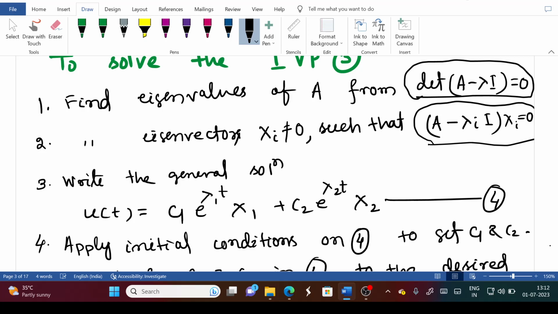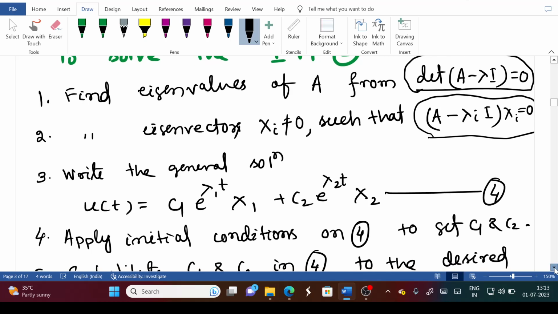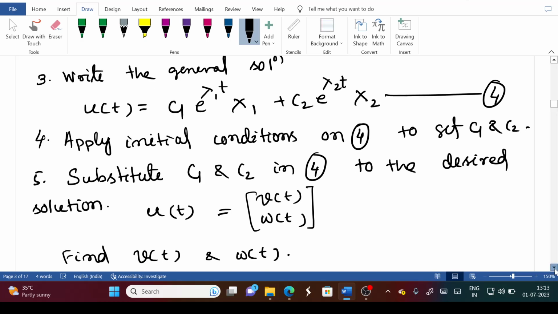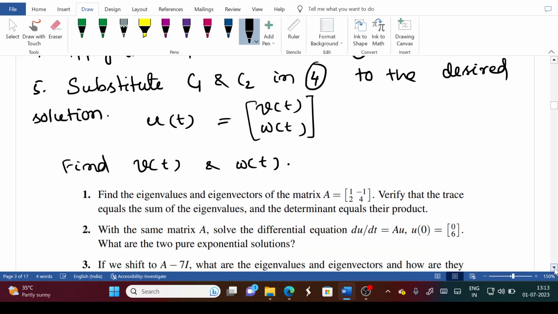Substitute t equal to 0 on both sides, and substitute the initial condition u of 0 equal to u0 to get the arbitrary constants C1 and C2. Once C1 and C2 are obtained, substitute them in the equation to get the solution of the initial value problem, from where we can find the components v of t and w of t comfortably. This is all about solving a system of equations.